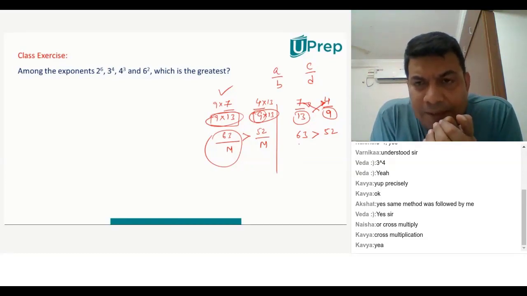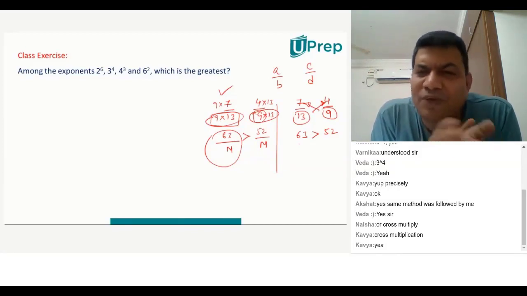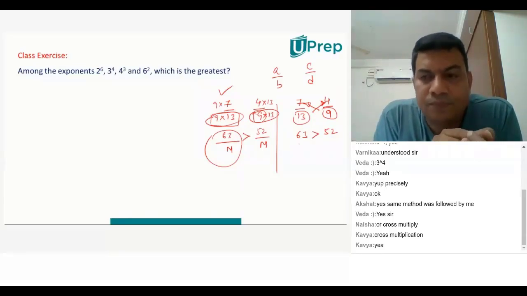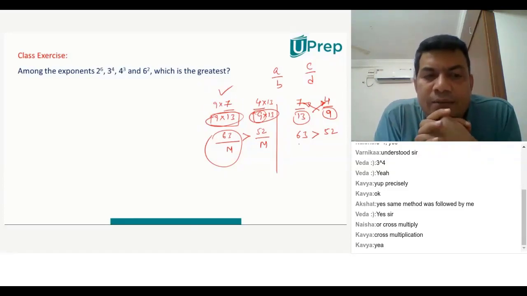You mean the second method? Yes, sir. If you look at the second method and the first method, they are actually the same method, but the only thing is that there you're not calculating the denominator, and here you're actually calculating the denominator, and in exams you actually have to show the denominator.